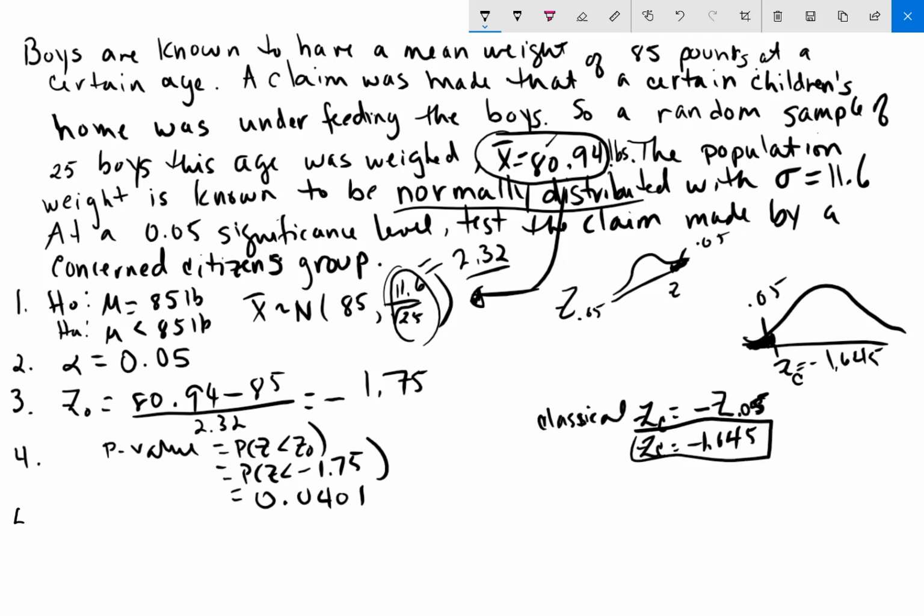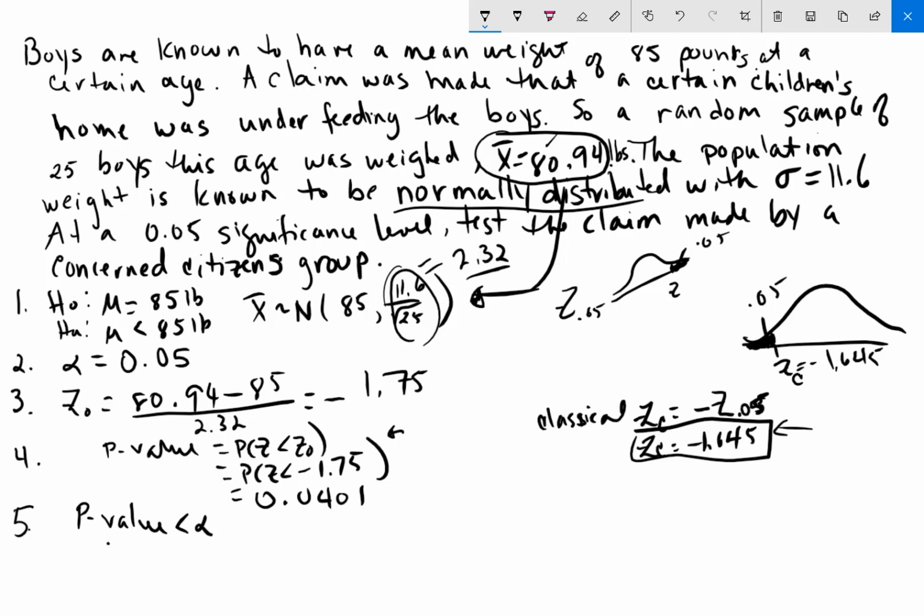So how do we determine whether we reject or not reject? Well, in part 4, the hard part is finding the p-value. It's not hard, but you actually have to do something. Classical, you will know all of these because you can find them on the chart and put them on your formula sheet. But in this one, to find the p-value, you have to actually look on the chart. Once we have that, no matter what, if the p-value is less than alpha, we reject.